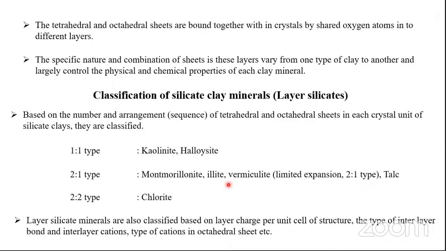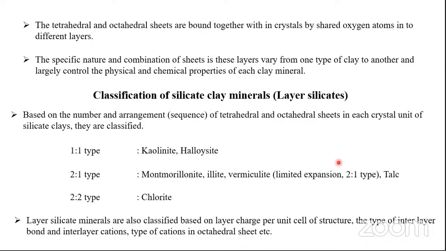Can anyone explain why? Vermiculite is also a 2:1 expanding type, but it has one limitation, that is, limited expansion. Why? Is there any reason? Okay, fine. At least after class completion, answer. It won't absorb more water.